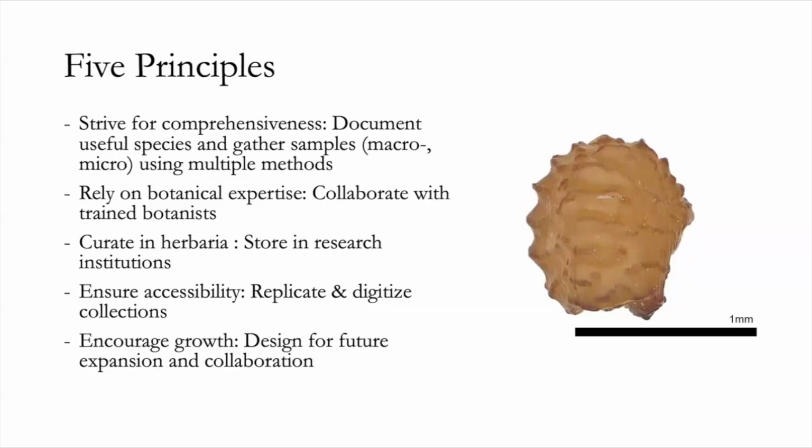In the case of seeds, sometimes when seeds carbonize, they don't change in shape. Sometimes they do. And so it's sometimes necessary to take modern seeds and to carbonize them so that you can understand how their morphology changes when they're exposed to heat.